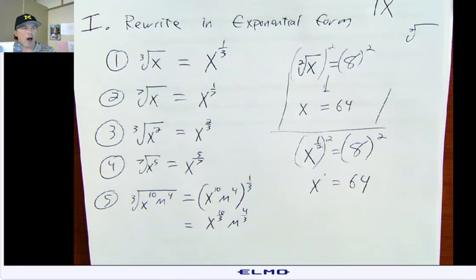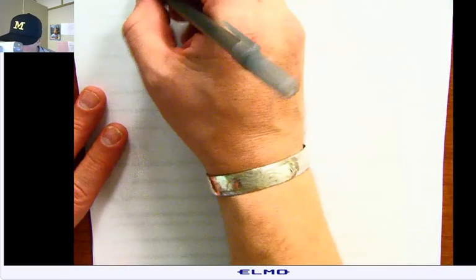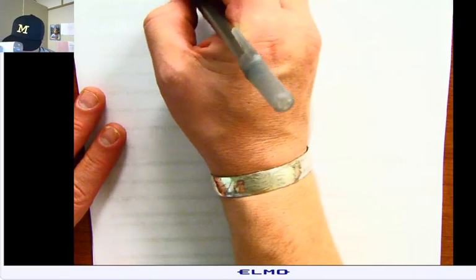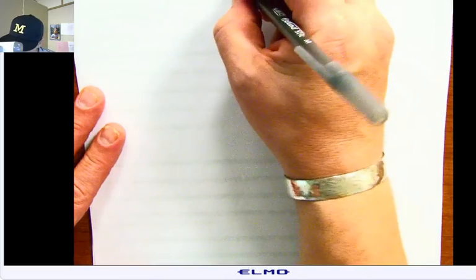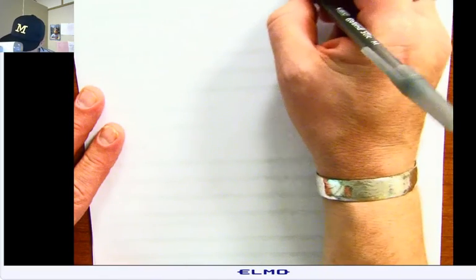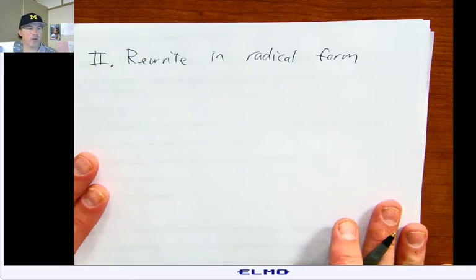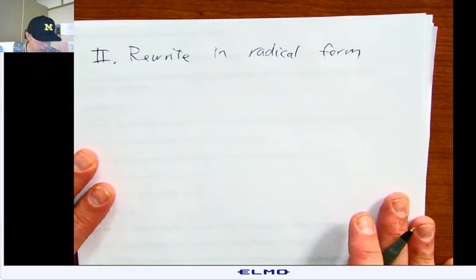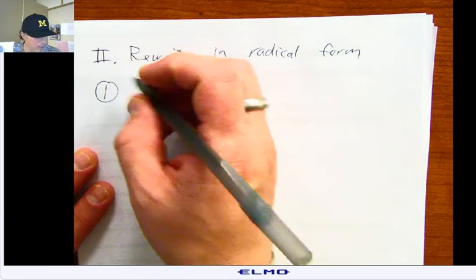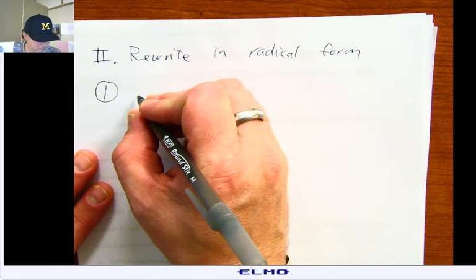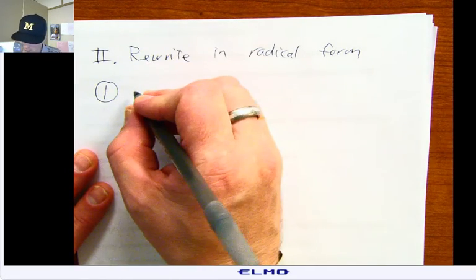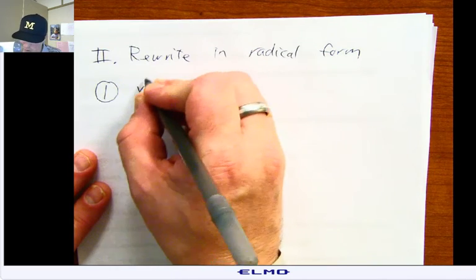You're going to be asked opposite questions too. So part 2, rewrite in radical form. Okay, so on that one, I would give you something like x to the 1/3.